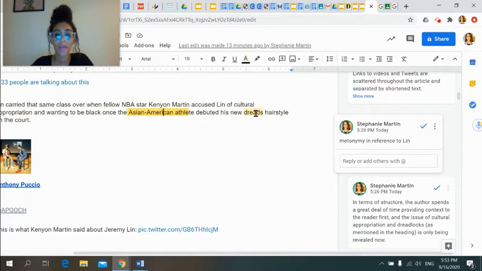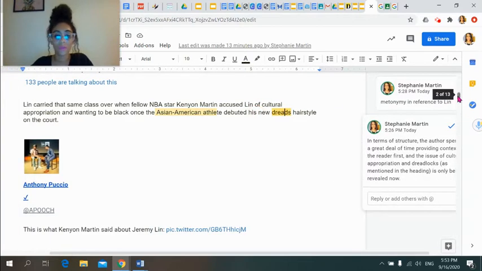All right. Now, notice that the text is supposed to be telling us that Jeremy Lin has snapped back about criticism for the fact that he's wearing dreadlocks, and it only gets into the actual point of the article about a page in. So in terms of structure, the author really gives us a whole heap of context first behind Jeremy Lin and all the other bad things that have happened to him first, and you've got to think, how does that build the author's purpose?